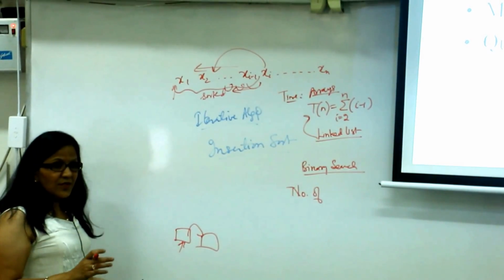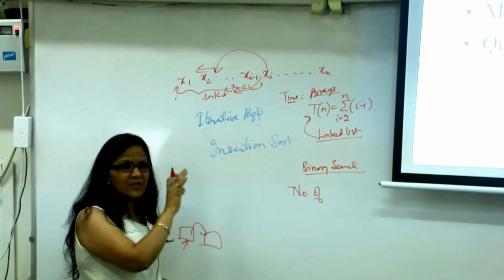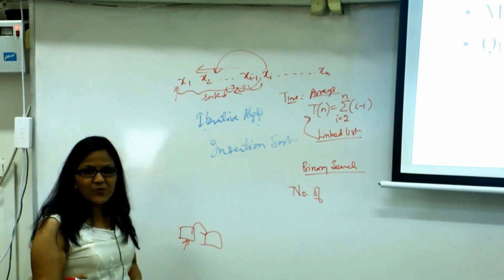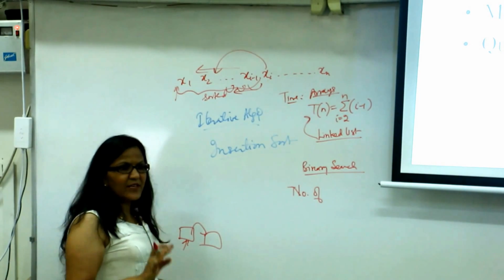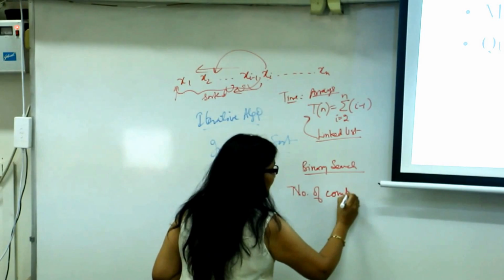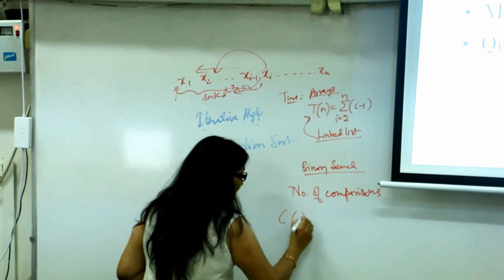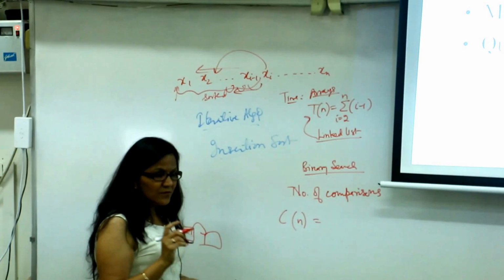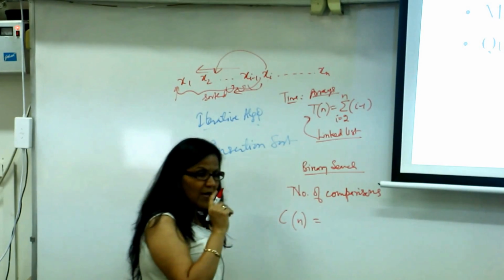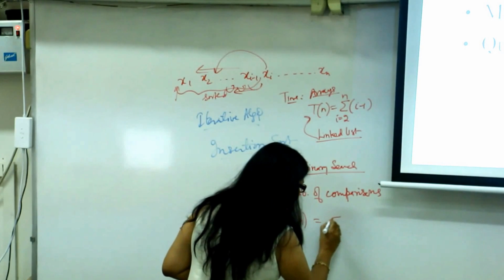Binary search. Let me do it for the number of comparisons. In the previous case the number of comparisons was equal to the number of moves, but here they are different, and let's see what is the number of comparisons. In the ith iteration we are doing how many?